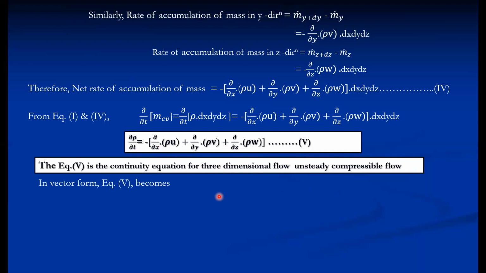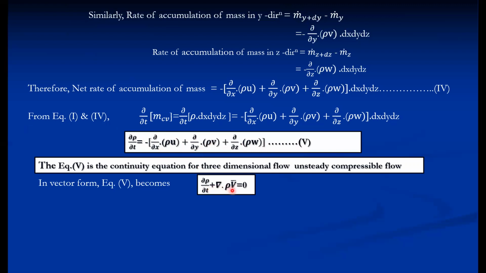Now, in vector form, we can write, instead of this bracket term, which is actually a product of two vectors, del into this bracket term, that is rho into v bar, because instead of u, v, w we can put the velocity vector v bar.